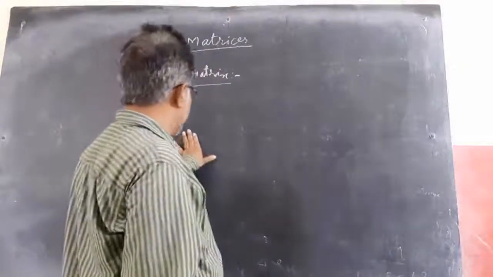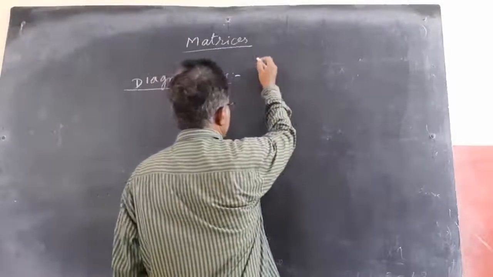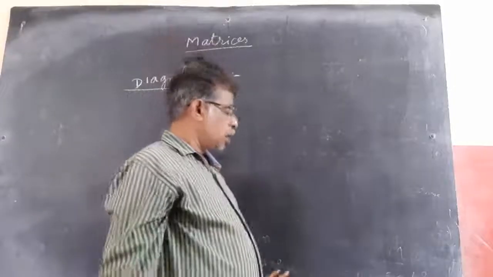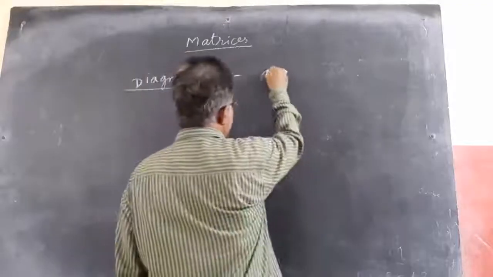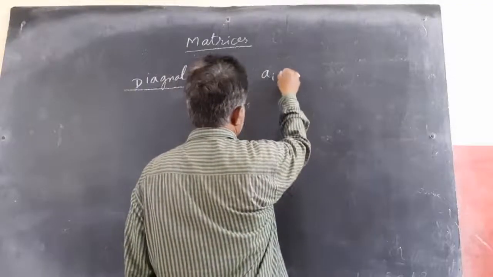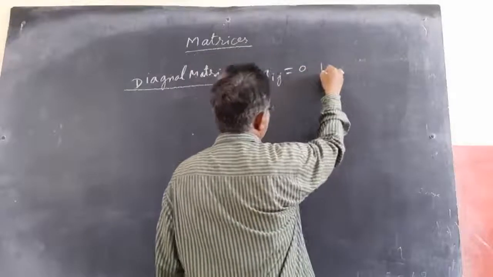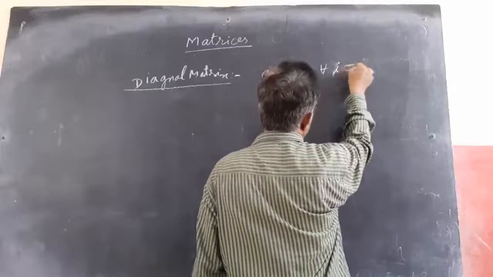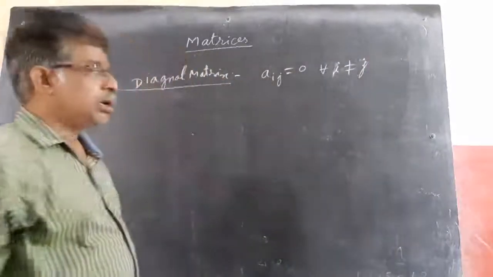If in a matrix all the non-diagonal elements are zeros, meaning Aij equals 0 for every i not equal to j.